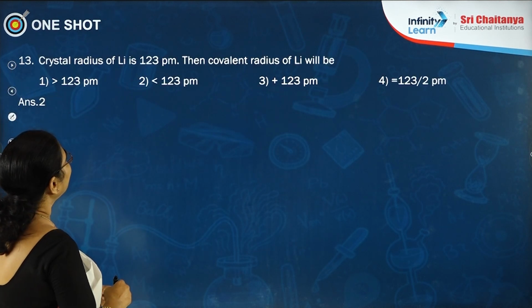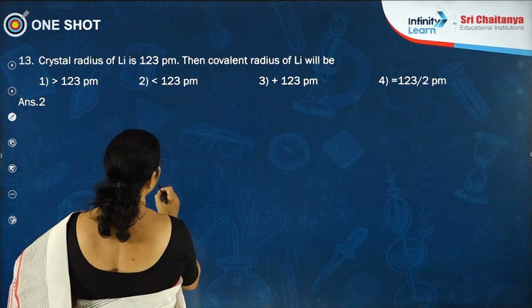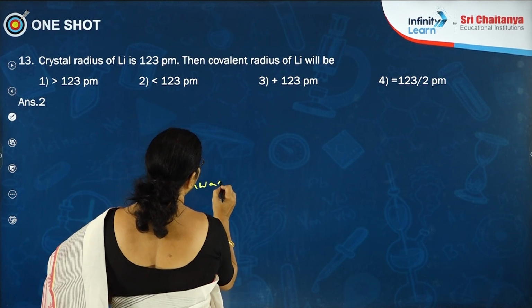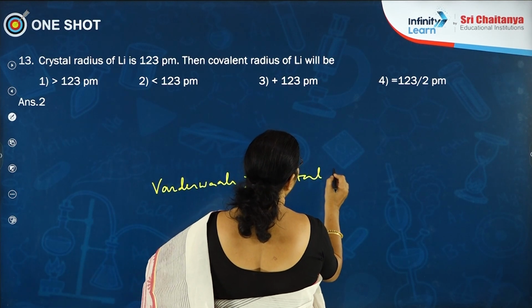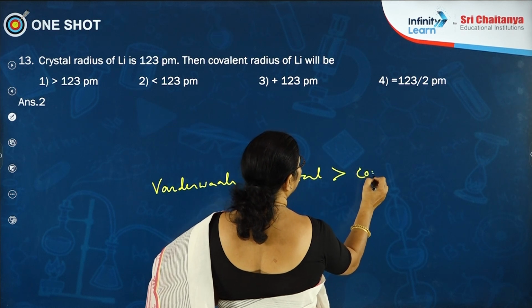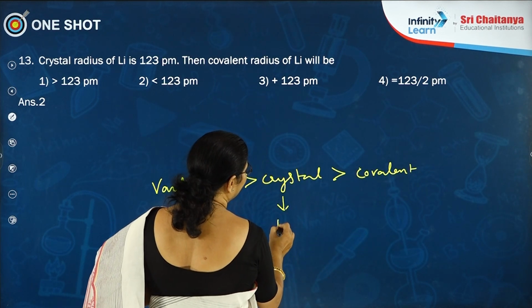Crystal radius of lithium is given, he is asking covalent radius. You know the order: van der Waals radius is greater than crystal radius, which is greater than covalent radius. Other name for crystal is metallic.